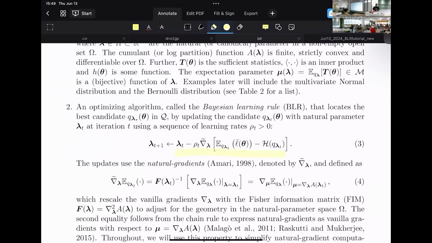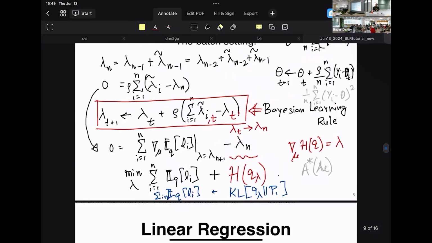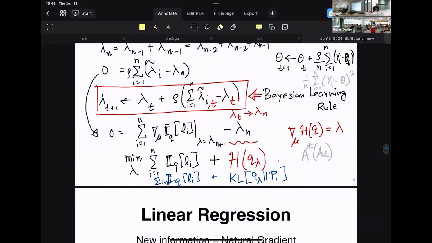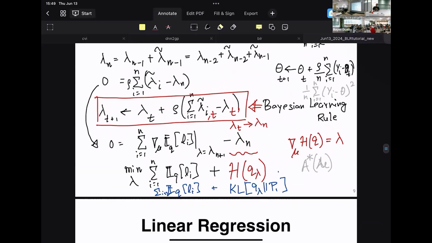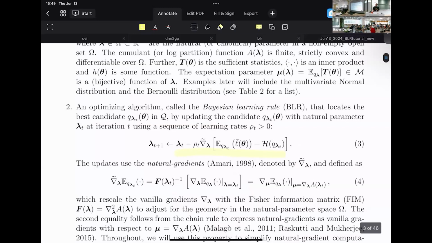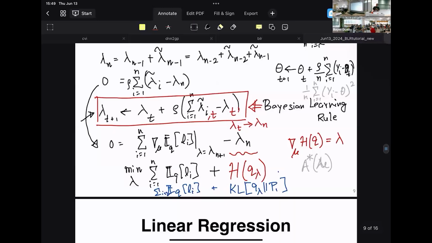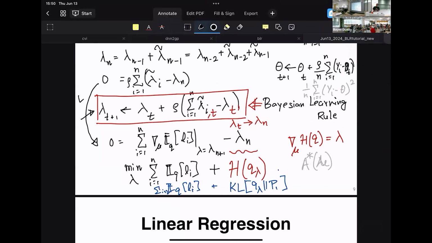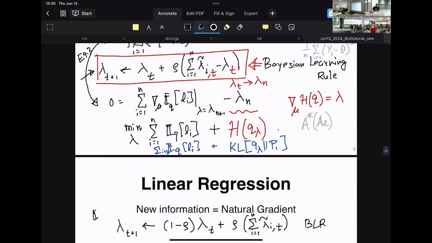This is the one that I derived at the bottom here, the same as in the paper, equation 3. Write this down.